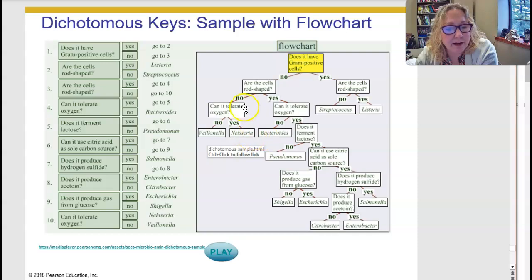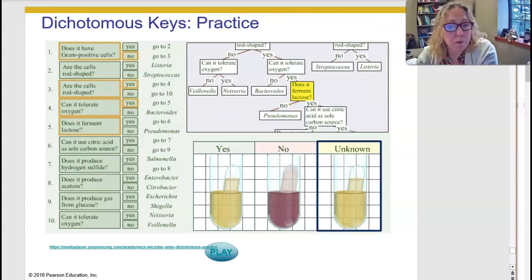Do you have Neisseria? Can it tolerate oxygen, right? These are the dichotomous keys that we're going to use and think about and even make some in class when we get to specific bacteria. Right? And here are the tests that we will do. Does it ferment lactose? Yes. Can it do this? Yes. See how this ferments? This is the gas bubble right here.